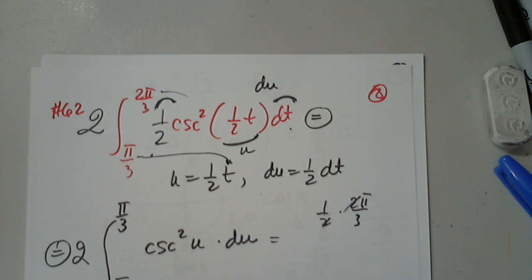Okay, so we had from pi divided by 3 to 2 pi divided by 3. And again, you cannot enter it. Be very careful how you enter it, please. That's why I don't like this, to be honest.